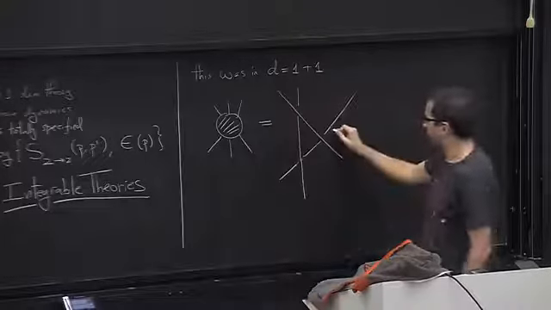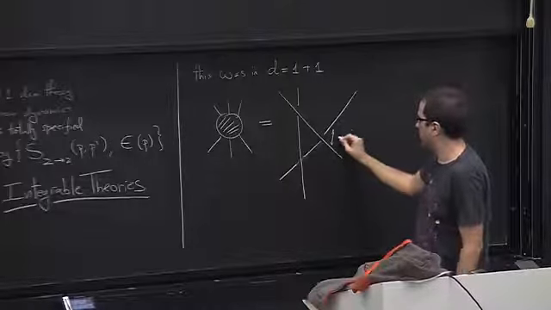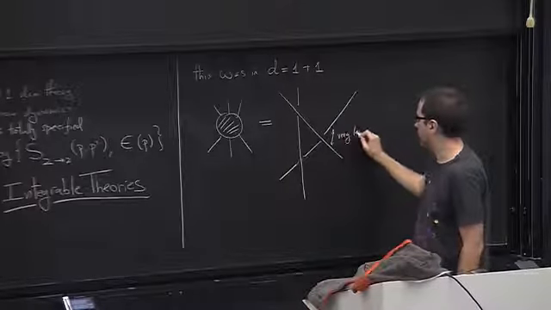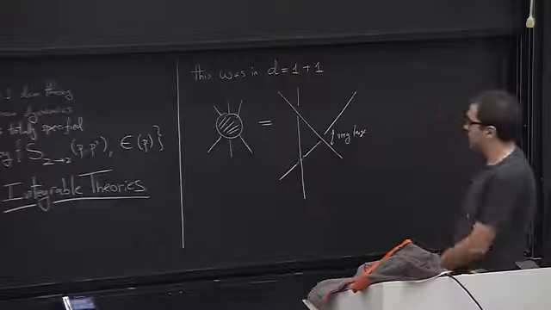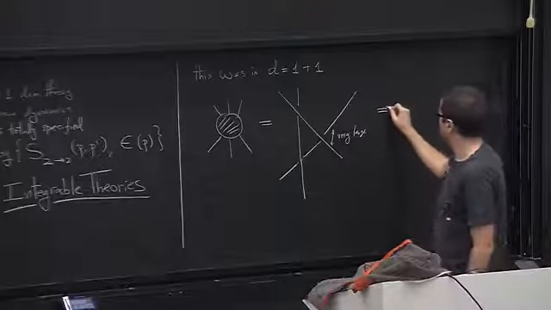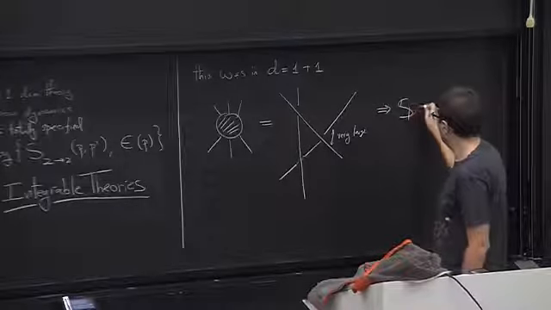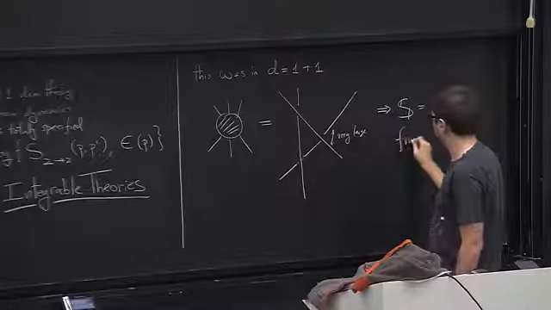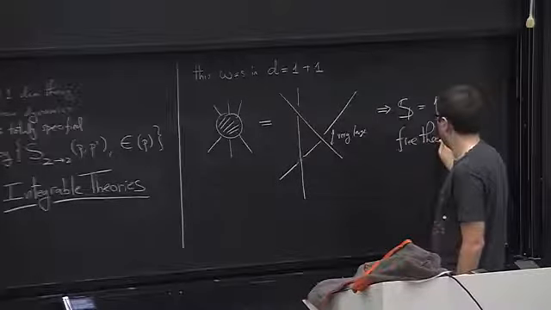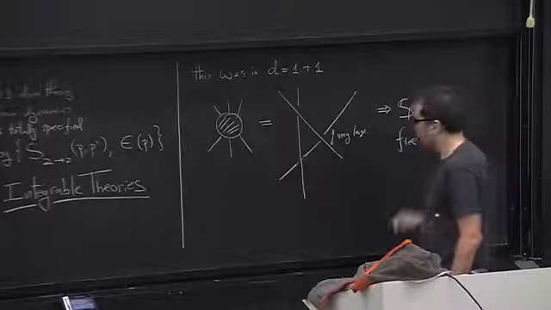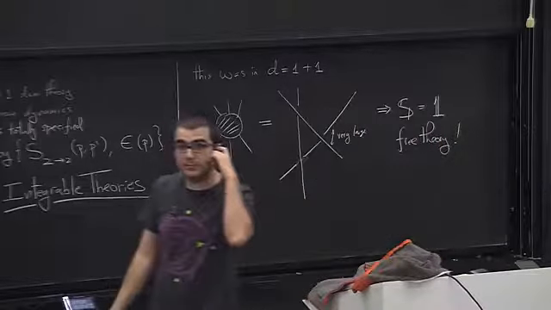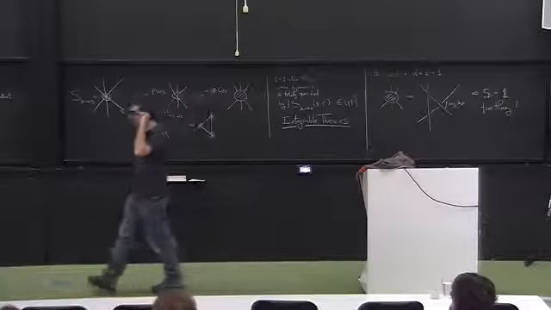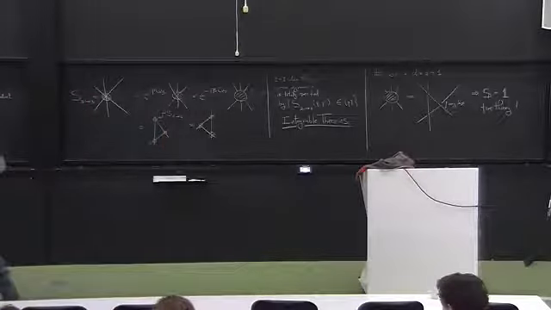Where this distance, this impact parameter, can be very large. So the S matrix, if we start adding too much symmetry, is just 1, and we get a free theory. So if we try to add too much symmetry, we are dead. The theory is free.